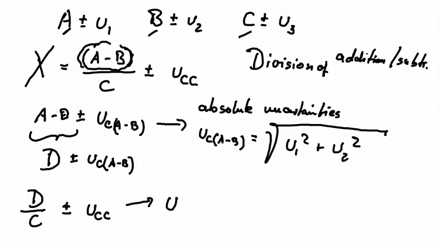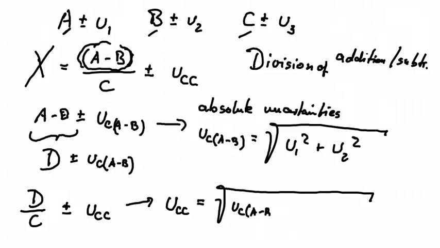We can say UCC, that is the uncertainty for this division, is the square root of our UC A minus B, that's this guy here, but squared actually, but this is the absolute uncertainty.